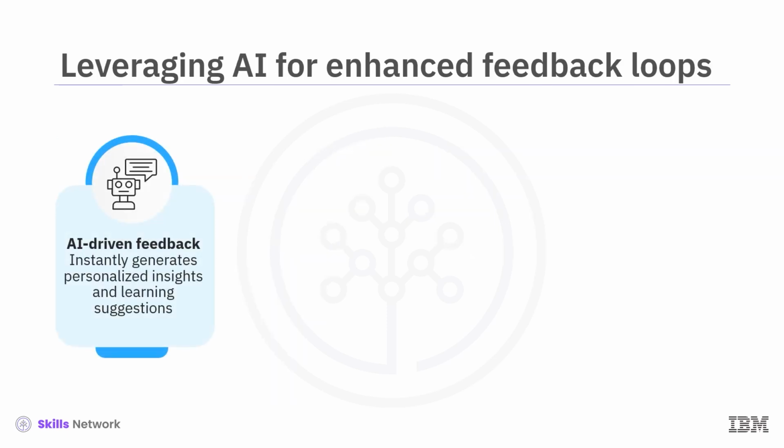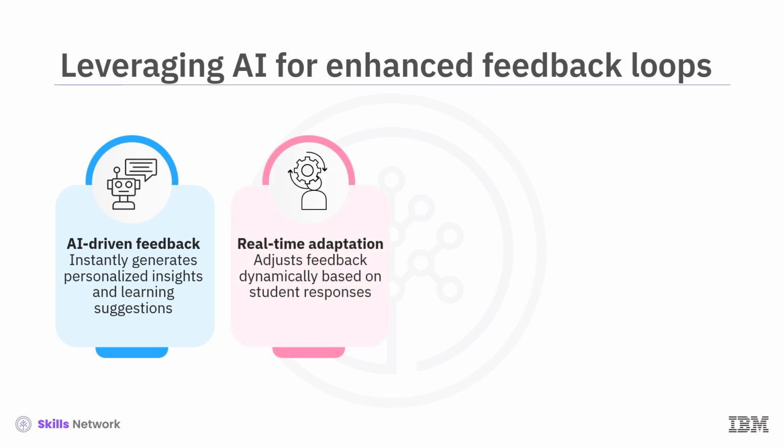Using AI to improve feedback loops revolutionizes how students and teachers interact with performance information. Generative AI can review tests and give immediate, tailored feedback, providing natural language summaries, identifying areas for improvement, and recommending specific learning materials. AI-powered systems allow real-time adaptation, dynamically adapting feedback based on student answers to provide timely and relevant interventions.